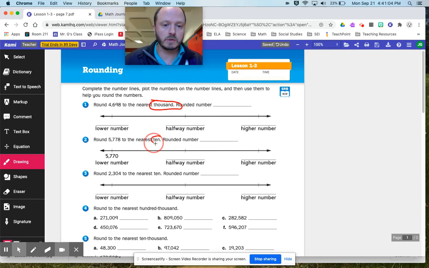And then number 2, they want you to round to the nearest 10, which is a very different kind of rounding than rounding to the nearest 1,000. Okay, and I'm going to see if I can improve that drawing. I'm using my special pen tool, and it stinks. Anyway, so rounding to the nearest 10 is right there. And then another one to the nearest 10.